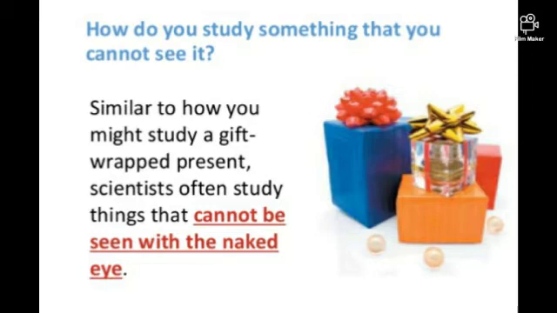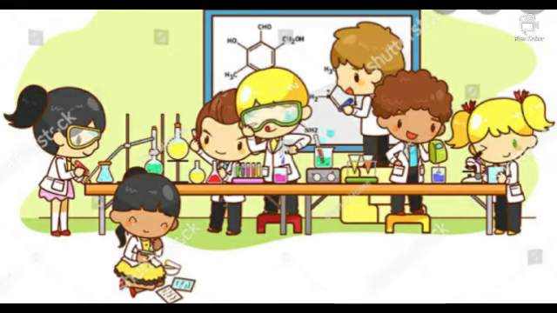What could it be? Feeling the shape of the box, or the sound that is produced by shaking it. There are many things that can be worked upon. So similarly, the scientists also work on such things.